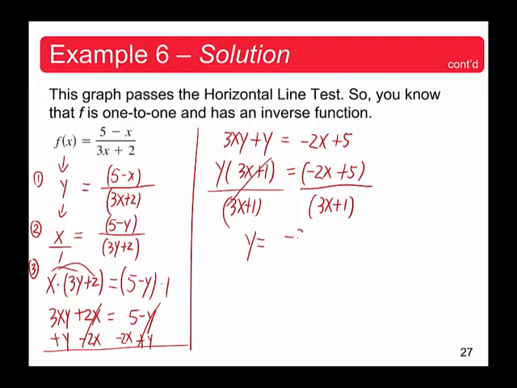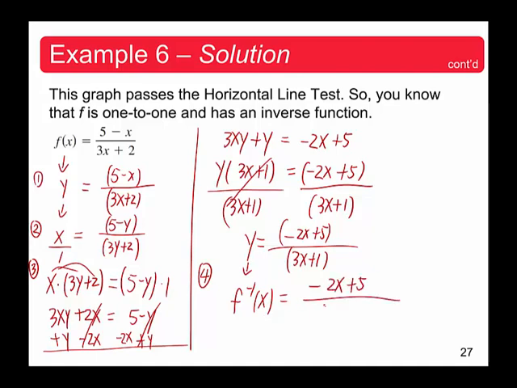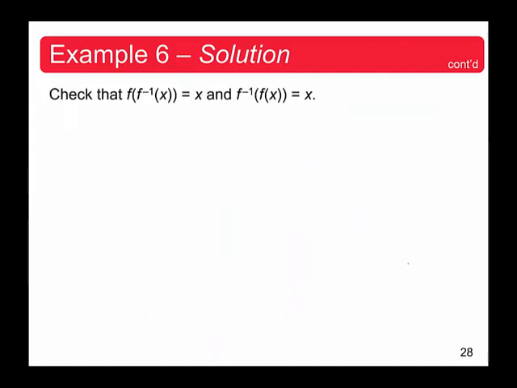Eventually we end up with negative 2x plus 5 over 3x plus 1. Then in the fourth step, we replace the y with the inverse notation, and we got it: negative 2x plus 5 over 3x plus 1. We come up with the original function and inverse function, and let's copy that.